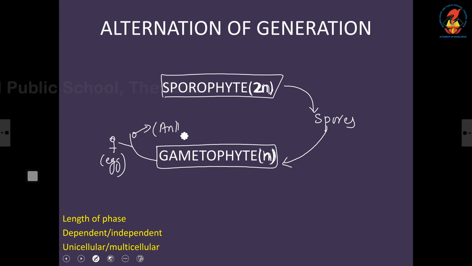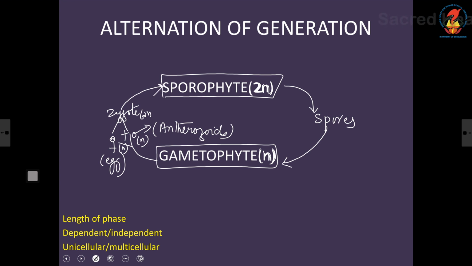In plants it is called the antherozoid. The 2 gametes fuse, and we know it forms the zygote. So here it is N and here it is N, so we get 2N, and this zygote develops into the sporophyte. So from this, let me elicit the difference between sporophyte and gametophyte.